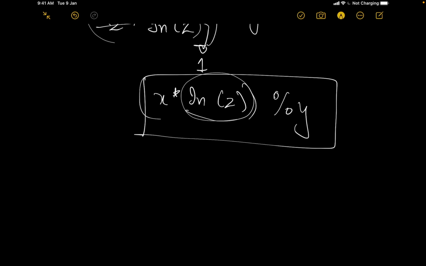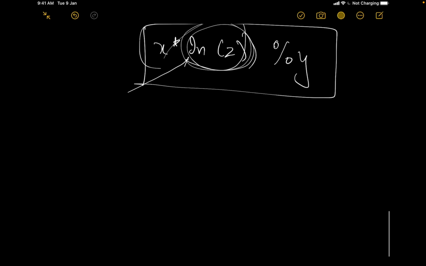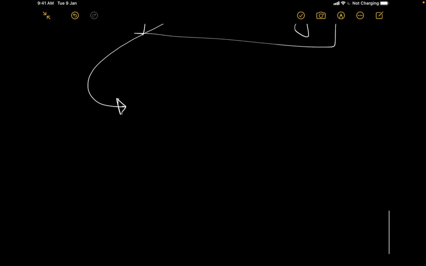But how do we calculate this? So for most practical purposes, you can use Fermat's Little theorem. I don't know which way it's pronounced. Okay, so Fermat's Little theorem, let's call it that.